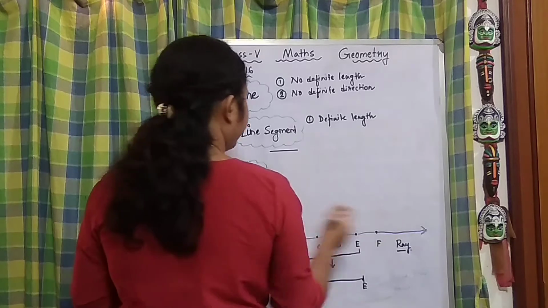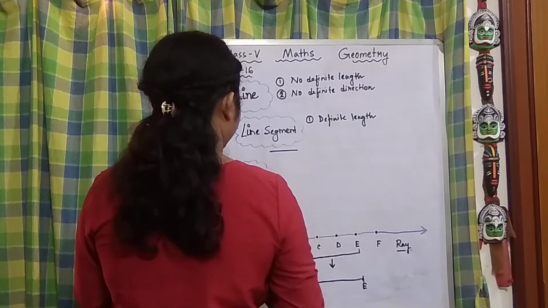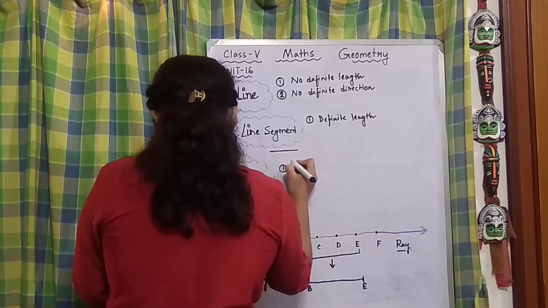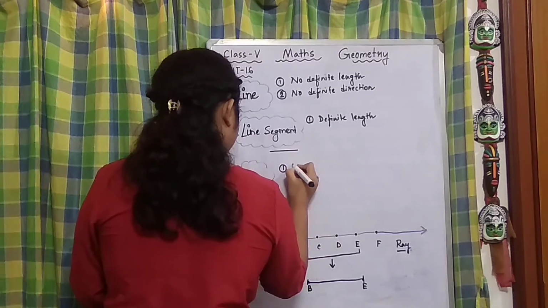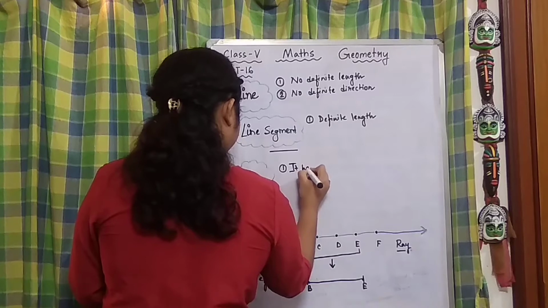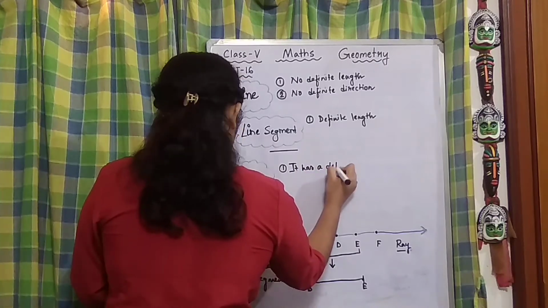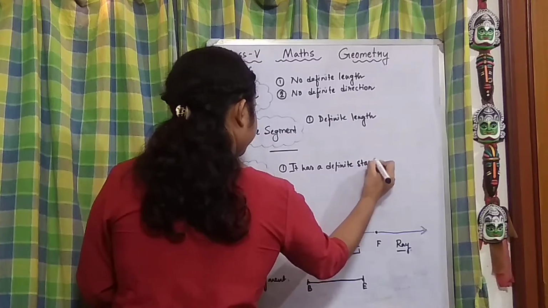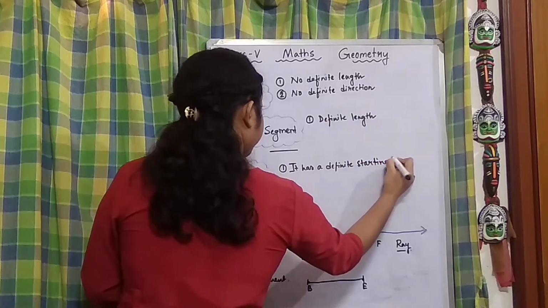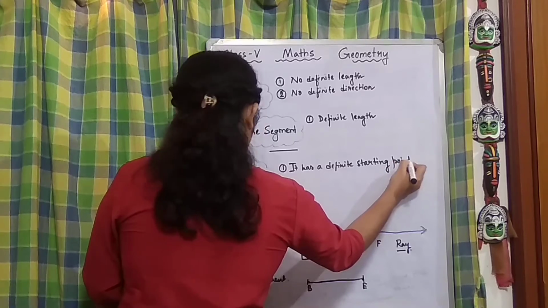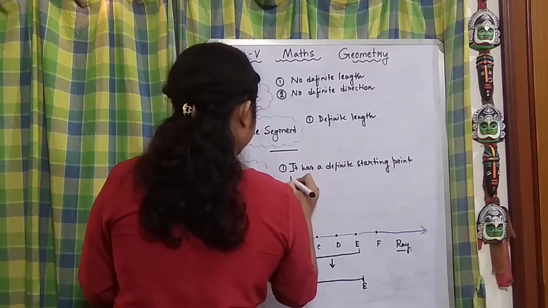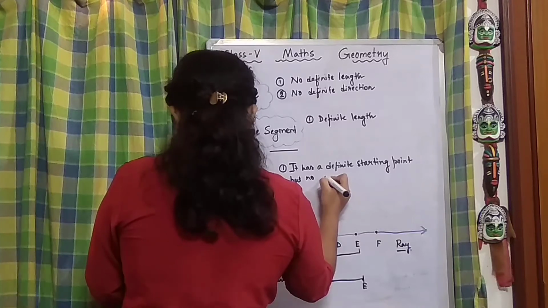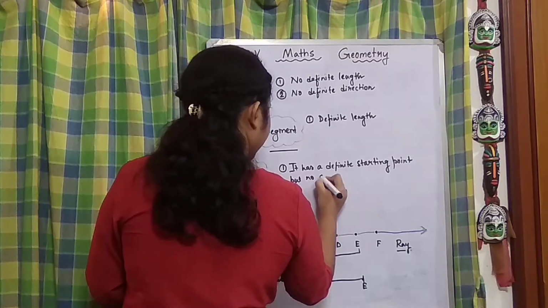Okay, so if we are writing its characteristics, what we can write: number 1, it has a definite starting point but no ending point.